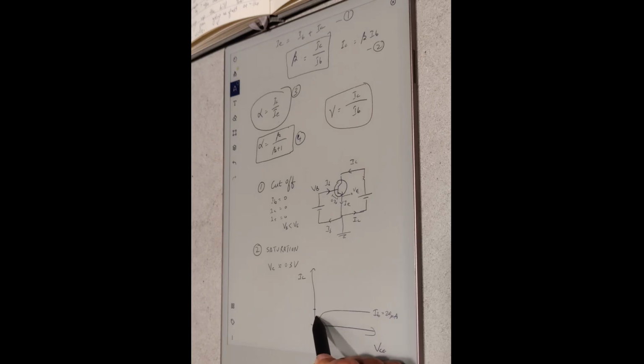Same thing, so let's say I increase my IB and do the same measurements. Here this IB is 40 microamps. If I keep doing that, what I learn from here is that IC saturates at some point.